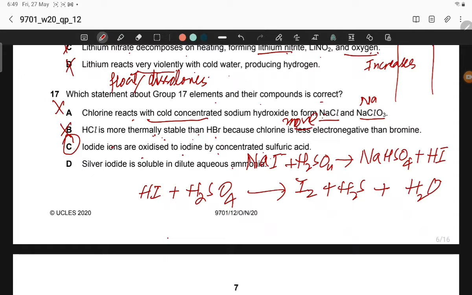So iodide ions are oxidized to iodine by concentrated sulfuric acid. So it must be correct.